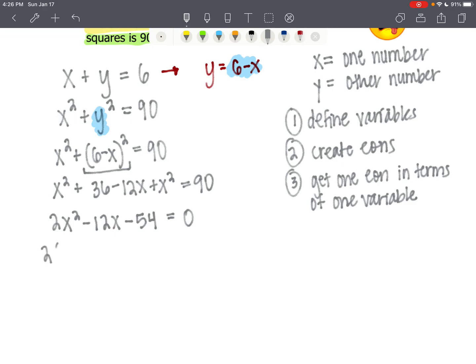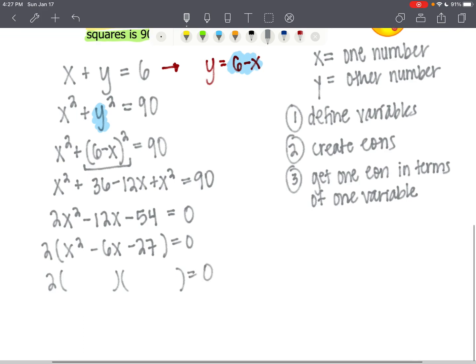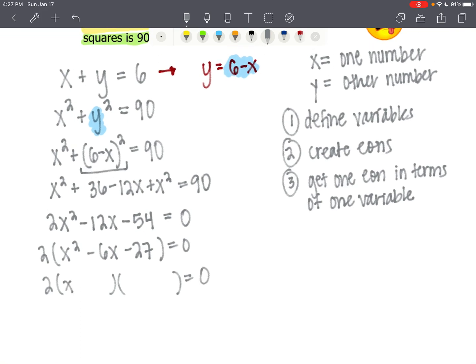I'm going to factor out a 2, and then I'm going to factor my trinomial, and I'm going to try and solve for the variables. So we'll have x minus 9 and x plus 3. Hopefully you're getting better at factoring and you can factor that fairly quickly. That means x equals 9, x equals negative 3.